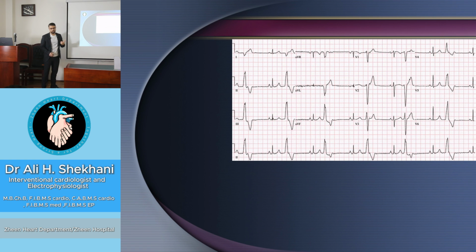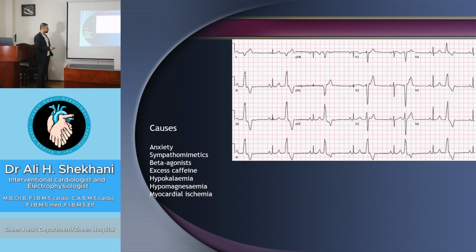There is some repolarization abnormality in the QRS, and it comes earlier, followed by a compensatory pause, and it is a very common problem. Usually we have several causes. The most common cause is anxiety, or sometimes excessive caffeine intake, or sometimes in intensive care, maybe due to hypokalemia, hypomagnesemia, or due to myocardial ischemia.